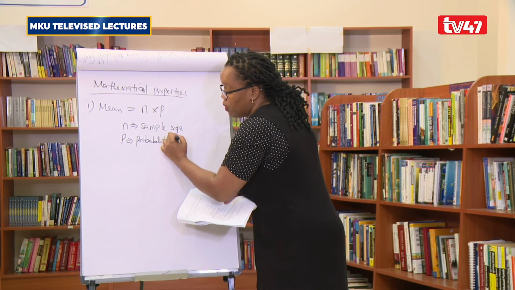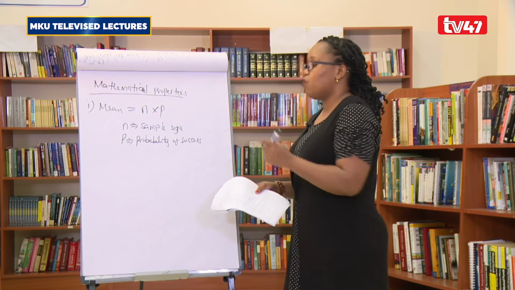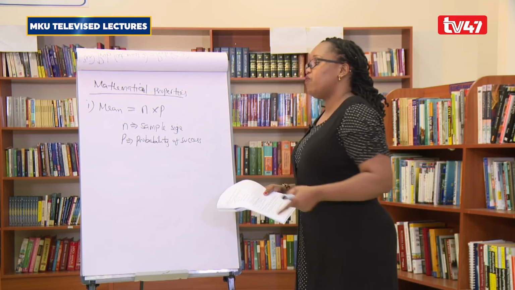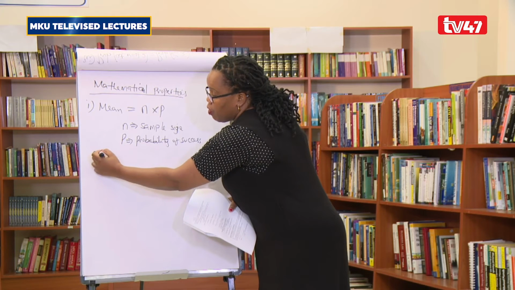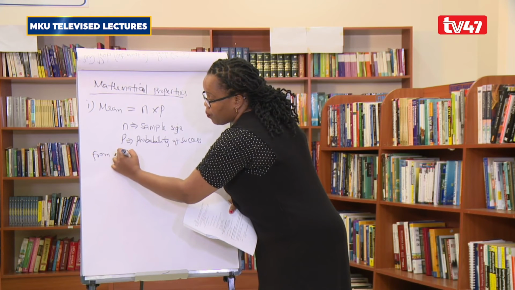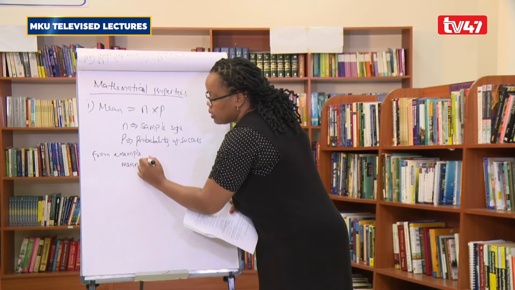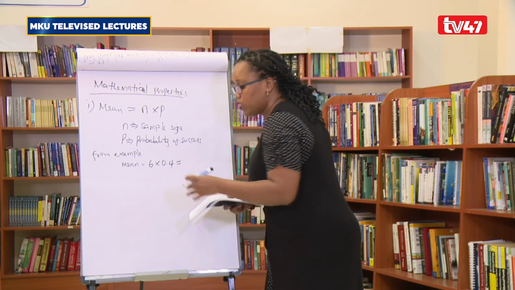So in our previous example, if we wanted to get the mean, then it would simply be the value of n multiplied by the value of p, which from our example, our n is 6, our p is 0.4, which gives us what?